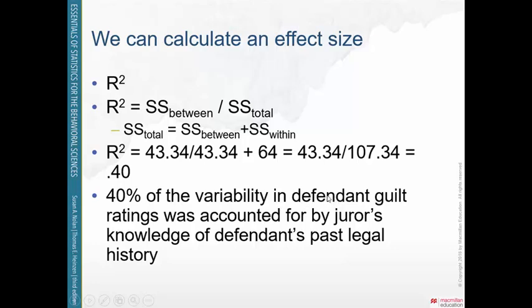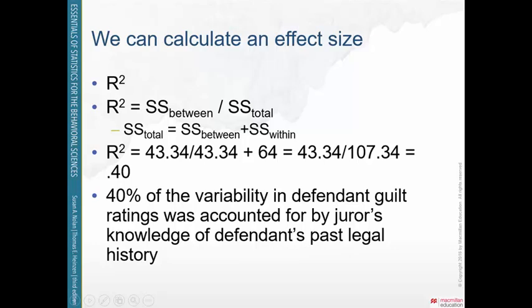In this case, our dependent variable is defendant guilt ratings, but whatever your dependent variable is would go right here in the sentence, and then you say was accounted for by, and then this part is the independent variable, which for us is jurors' knowledge of defendant's past legal history.